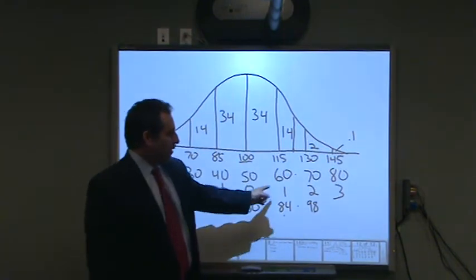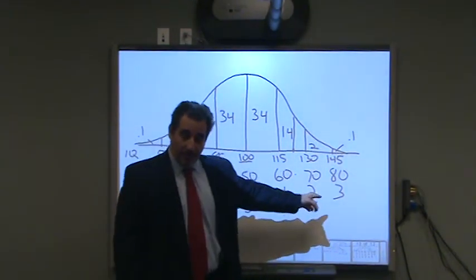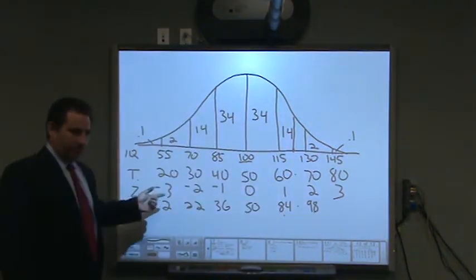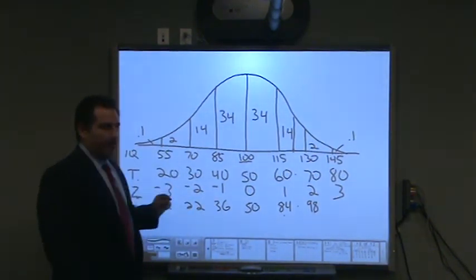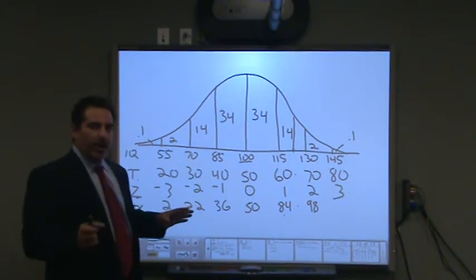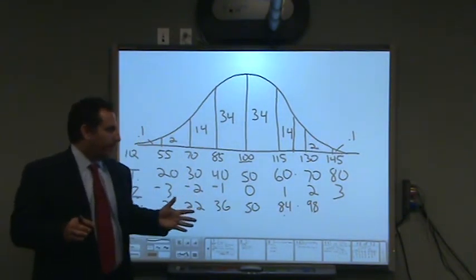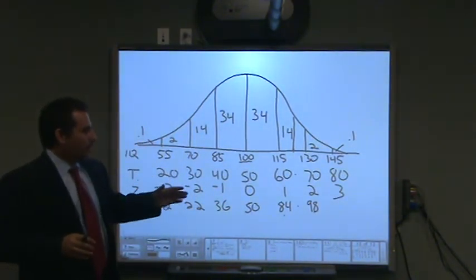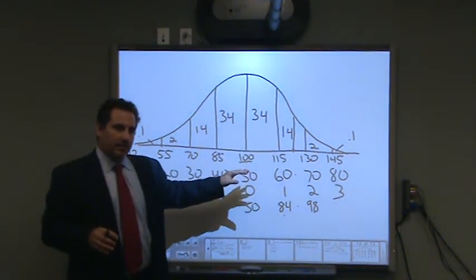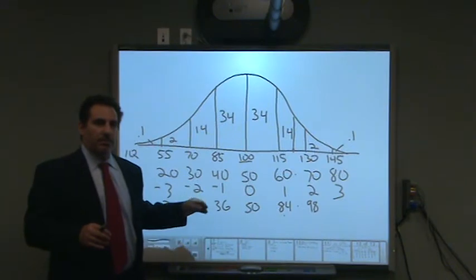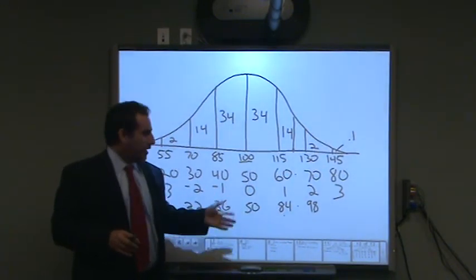So we have 0, then 1, then 2, and then 3. And as we go to the left of the mean, -1, -2, and -3. I hope that it's clear from this graph that you can go from z-scores to percentiles very easily.